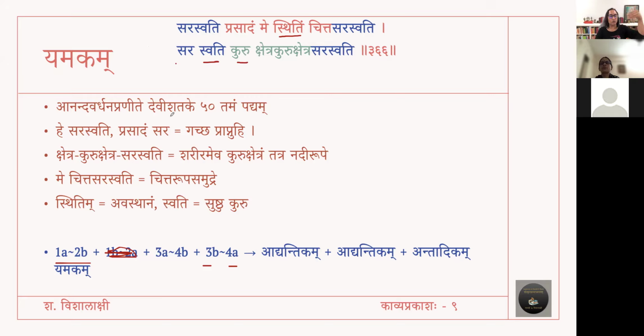The first sentence would be: Hey Saraswati, prasadam sara, prasadam kuru, or prasadam prapnuhi, may you be favorable towards me. Hey Kshetra Kurukshetra Saraswati, may Chitta Saraswati sthitim kuru. This is the anvaya here. Kshetram na shariram: one who is like a Nadi in my body, which is like Kurukshetram, where there is war constantly going on.